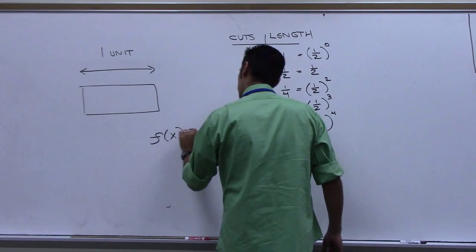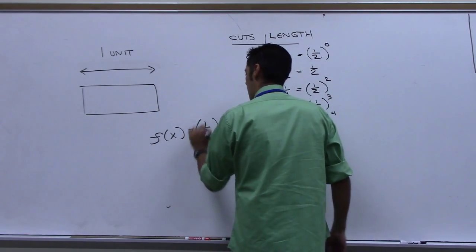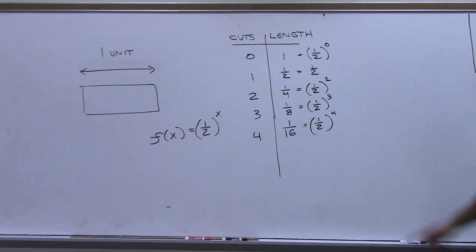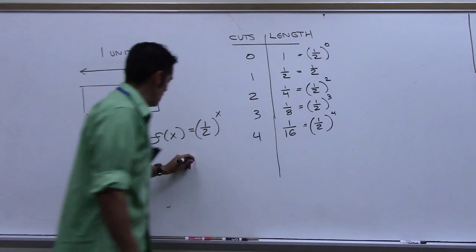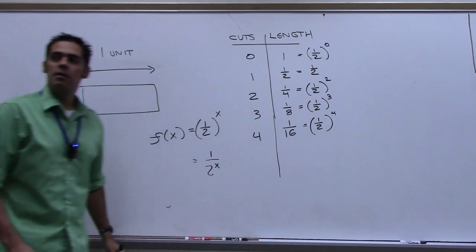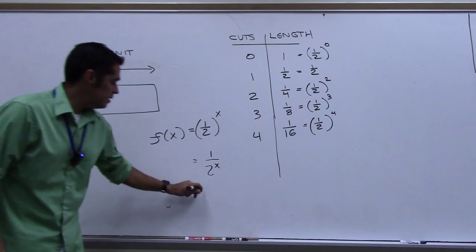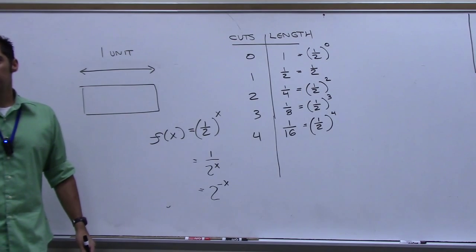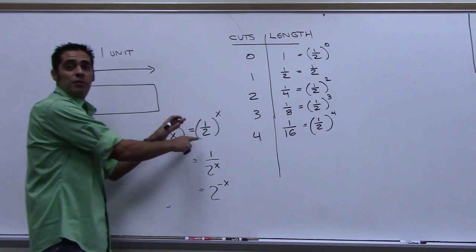We all good with that? Could you also do 1 over 2 to the x? Yes, this could also be written as 1 over 2 to the x, which could also be written 2 to the negative x. But we're going to look at this for right now, okay?